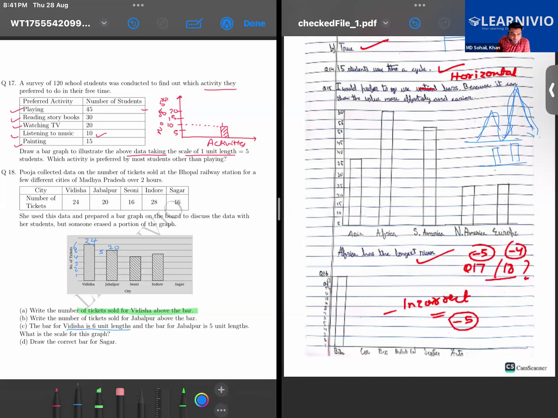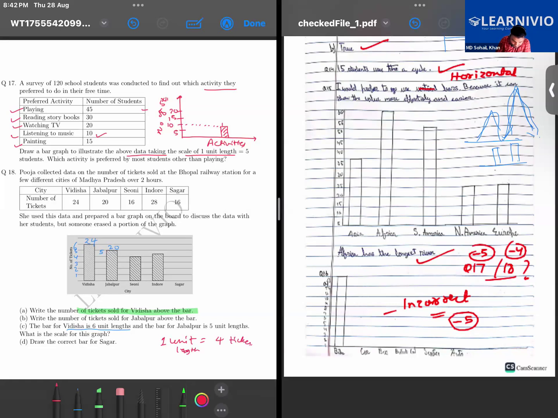So what is the scale for this graph? 1 unit length represents 4 tickets, right? We have discussed this same question; it's from the NCERT. So 1 unit length equals 4 tickets.